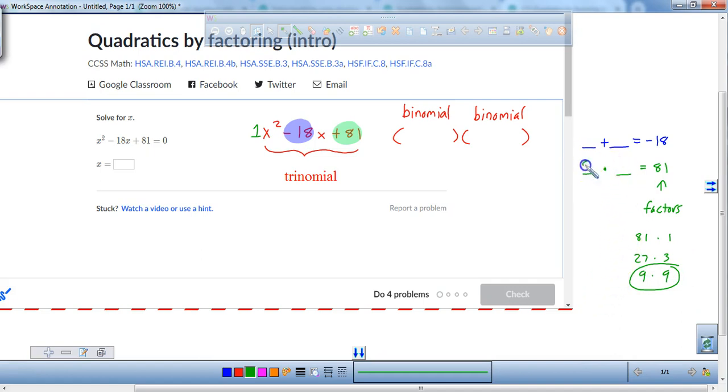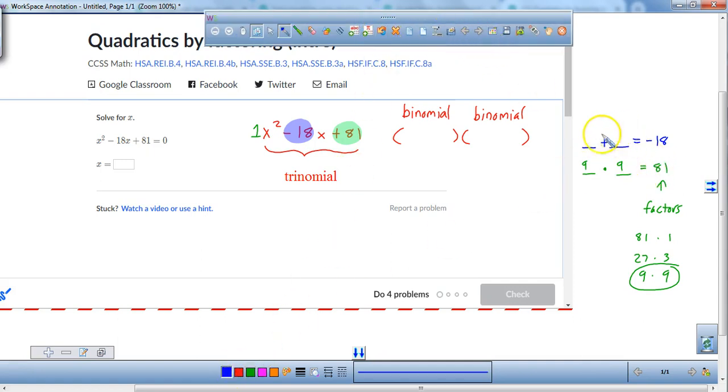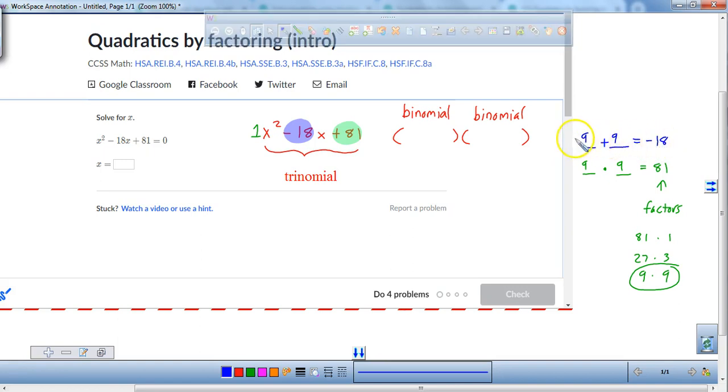Now, if I put a 9 here and a 9 here, 9 times 9 is 81, but 9 plus 9 is not negative 18. So this is where you have to think about what you would have to do to make this work. We actually have to make these negative.